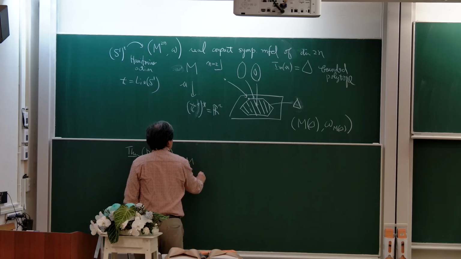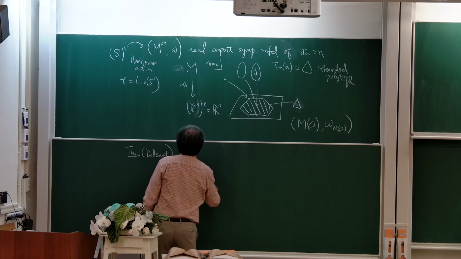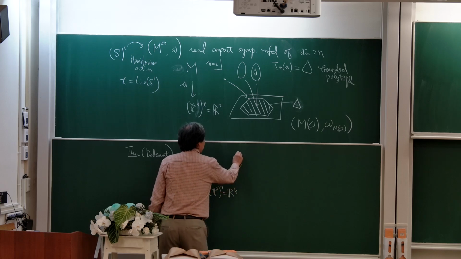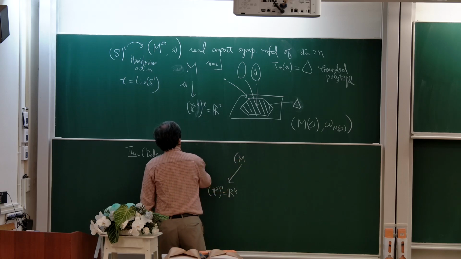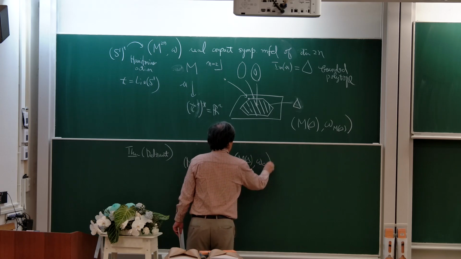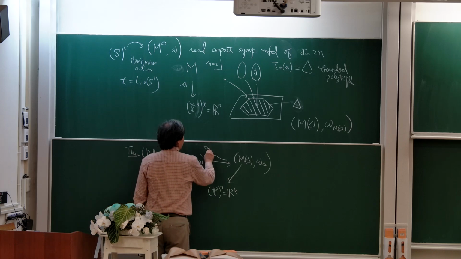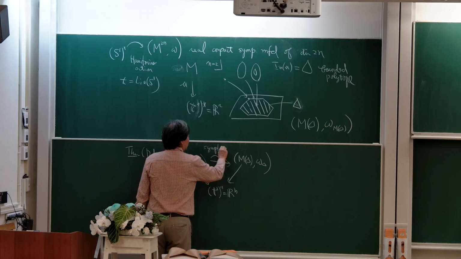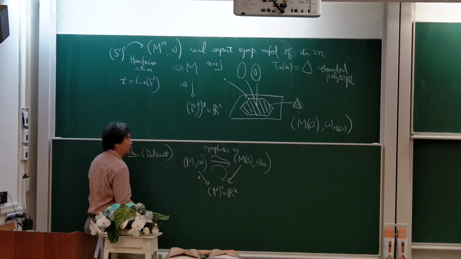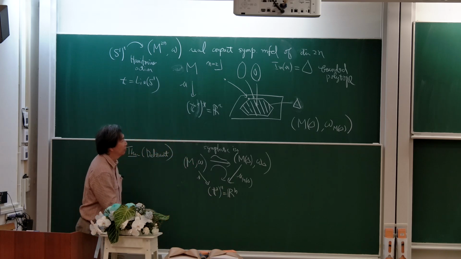So here is the moment map, and here is the polytope Delta. There is a C-infinity symplectic isomorphism compatible with the moment map. Yes, this is a toric variety.